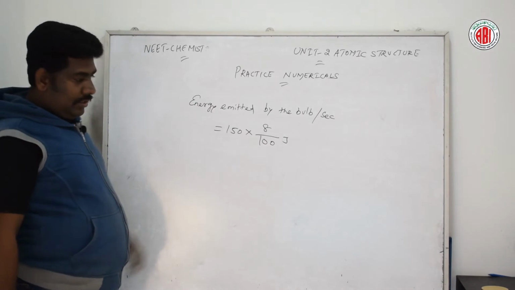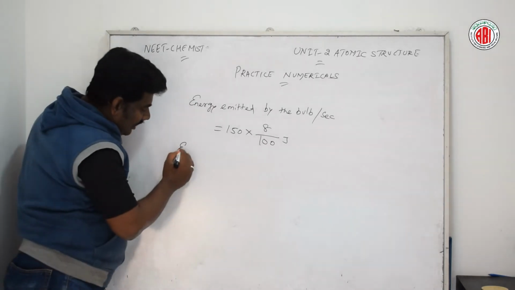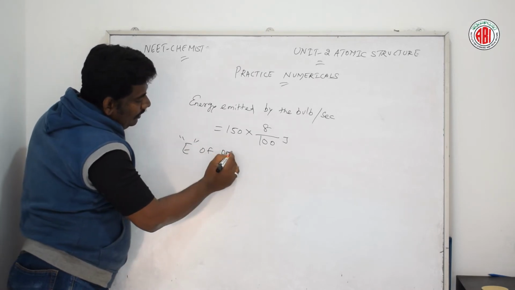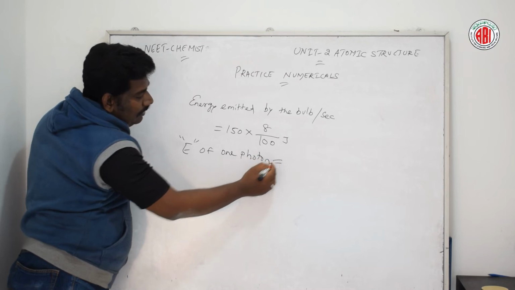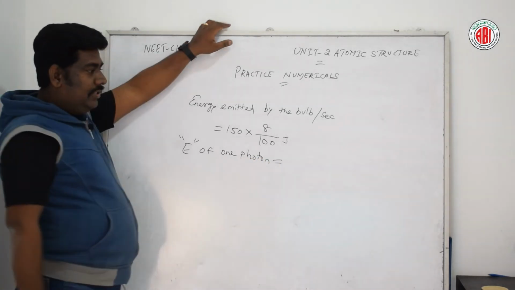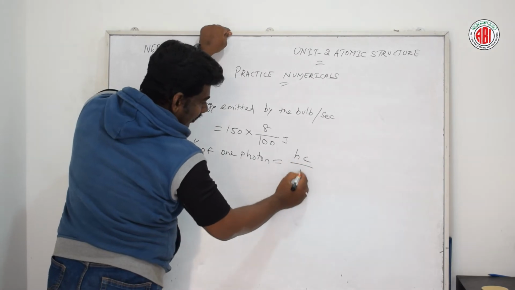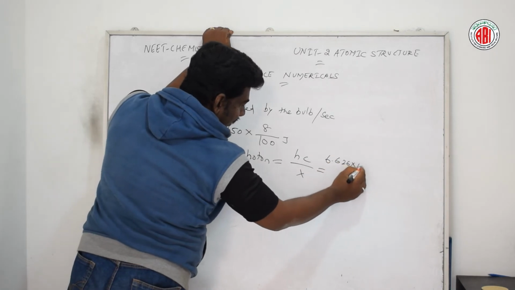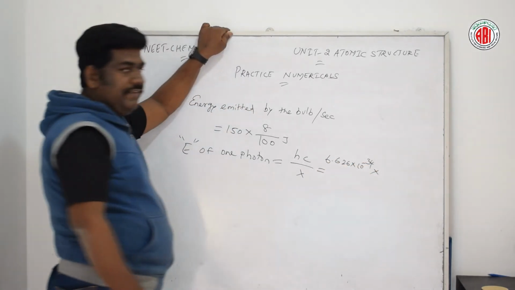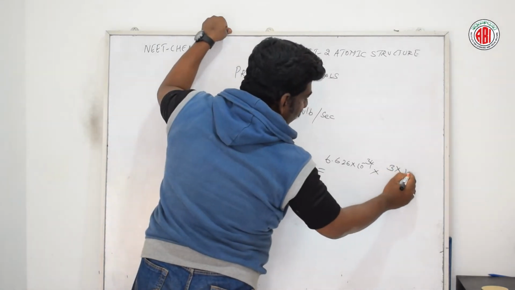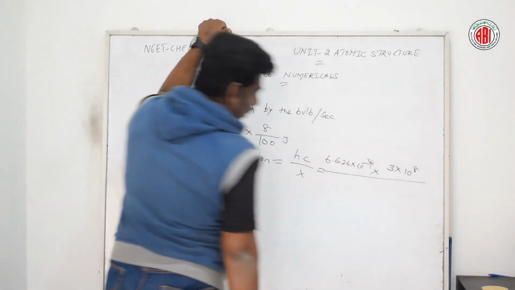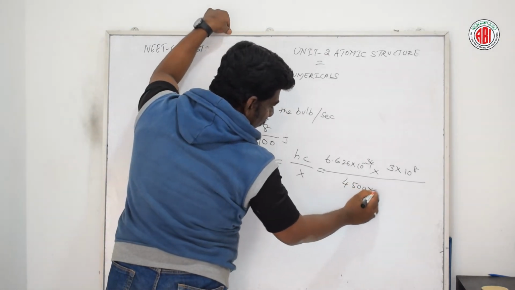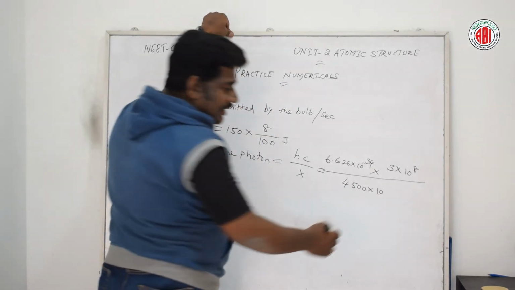Now the energy of one photon, we are using the formula hc by lambda. h stands for Planck's constant, that is 6.626 into 10 to the power of minus 34, into c value, that is 3 into 10 to the power of 8, by lambda value, that is 4500 into 10 to the power of minus 10.